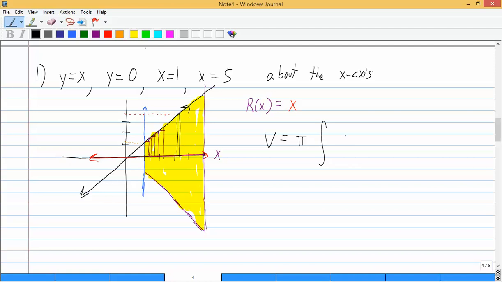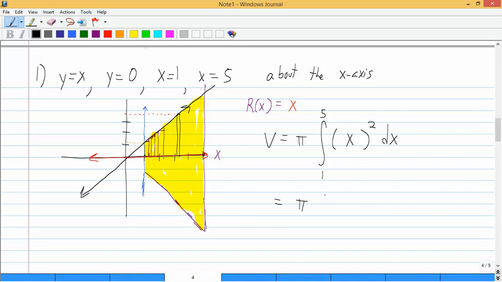What are our x-intercepts? 1 and 5. See right here? That's x equals 1. That's x equals 5. And then we have r of x squared. So r of x is just x. Sometimes it might be a binomial. Sometimes it might be a quadratic. On this problem, it's simply x.